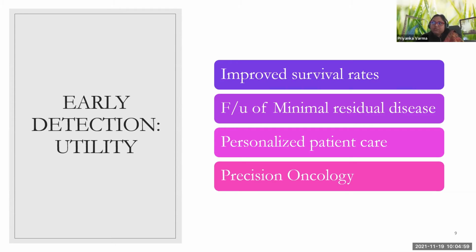This will also greatly assist in personalizing the patient care by delivering the targeted therapy, or sometimes, likelihood of surgery being the only management needed to remove the cancer. But there are several drawbacks, which we'll talk about in the next slide. And precision oncology is coming up with ways to overcome those drawbacks.